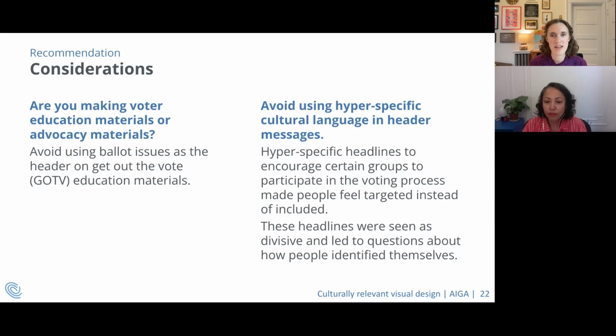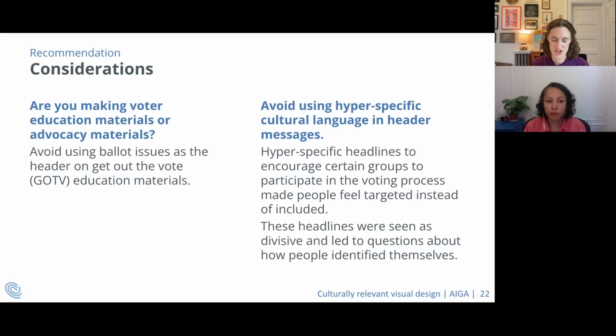It made people feel like they were being influenced by the material, decreased their trust in it, which would then decrease the likelihood that they're going to read that information. So instead, if you are going to explain ballot issues on voter education materials, we recommend covering that in a broad sense further down in the material, linking out to other sources for context, and really separating the 2 topics.